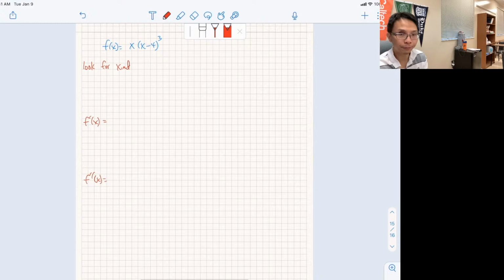Check each other with the f prime of x, just make sure they take the derivative correctly, factor out the GCF, and then do a double prime.